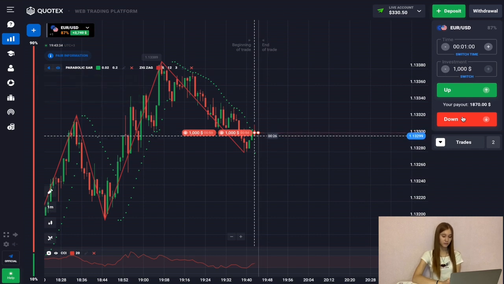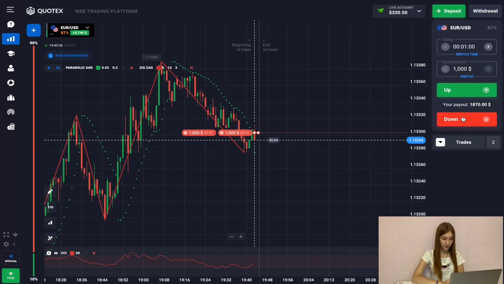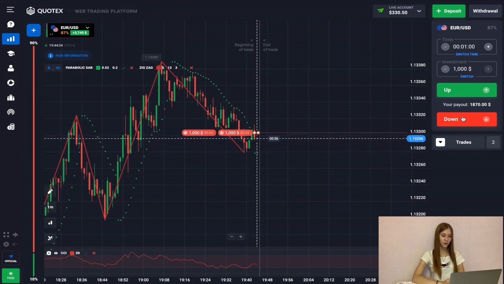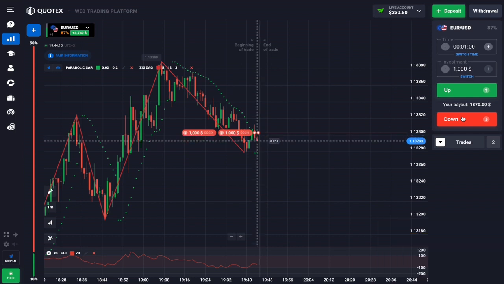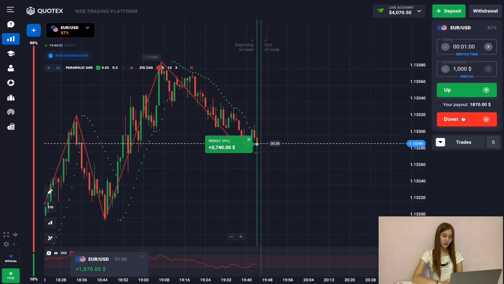The zigzag also now indicates a candle shadow signal, saying the trend reversal is likely, but now for the formation of our trend, we have opened our deal for decline, as after this and the end of the next time frame, we expect the trend reversal to an upward one, but now we can successfully close this deal, and let's wait for its completion. So we have successfully closed our deal again.